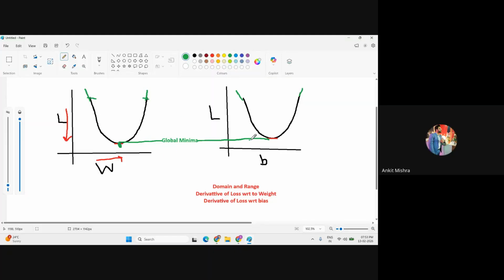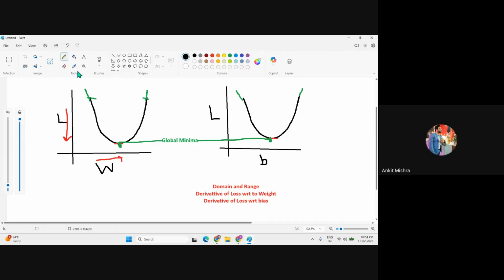That is called global minima, and that one is also called the global minima. And if you want to calculate the weight with respect to the global minima of loss with respect to weight and loss with respect to bias, somehow we have to minimize our loss in a generic way so that we can finally end up with the global minima value.